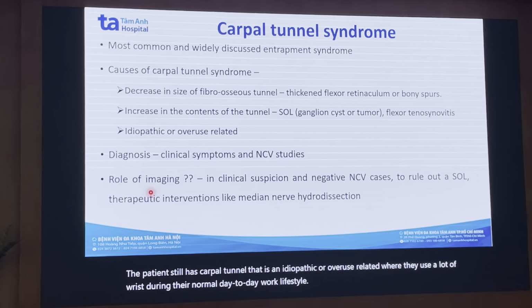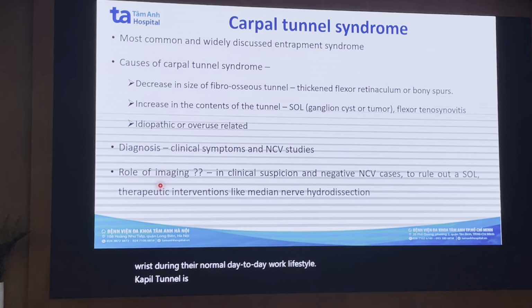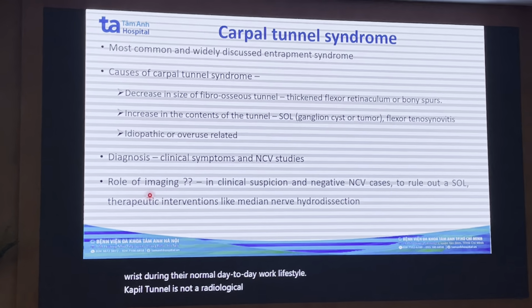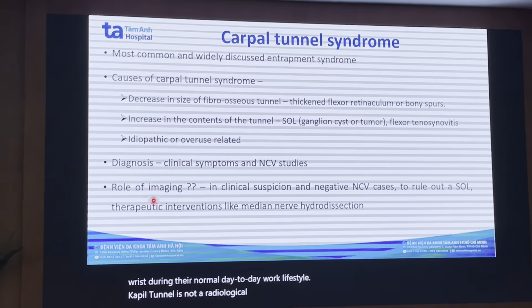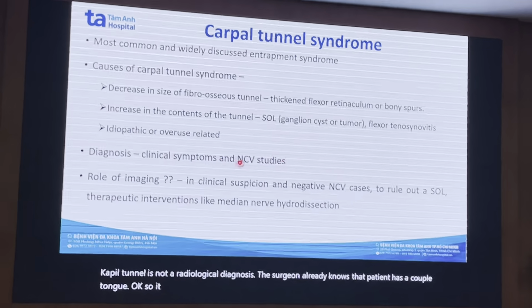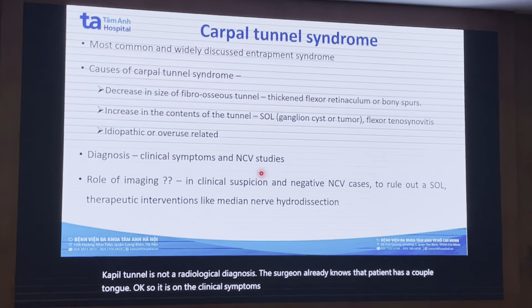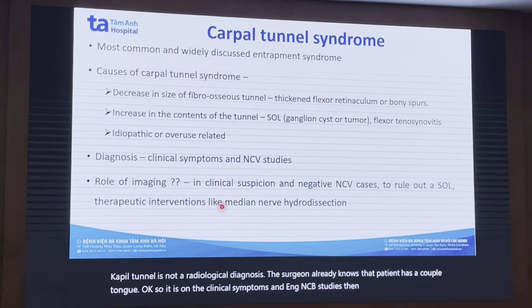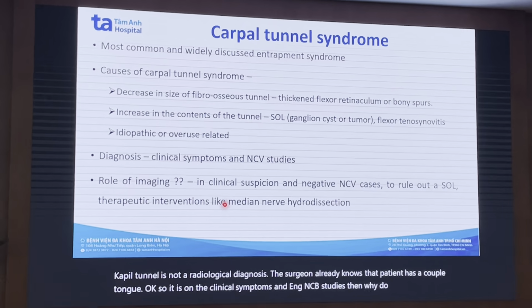Carpal tunnel is not a radiological diagnosis. The surgeon already knows that the patient has carpal tunnel. It is based on the clinical symptoms and EMG NCS studies. Then why do we do imaging in carpal tunnel? One is if the clinical suspicion is high and the NCS is negative.